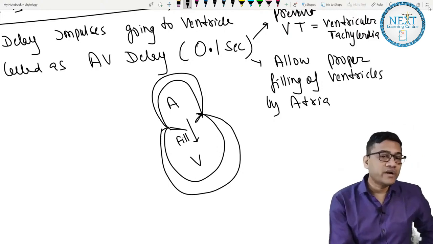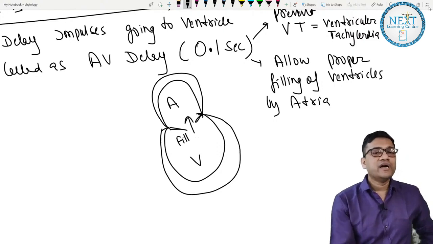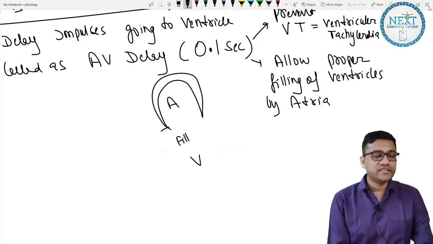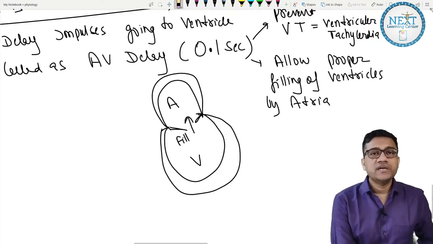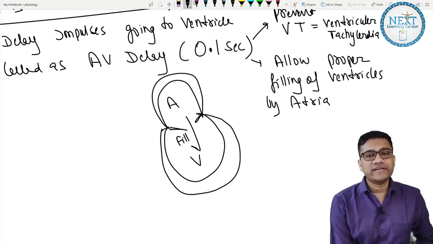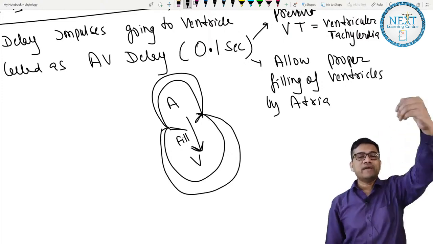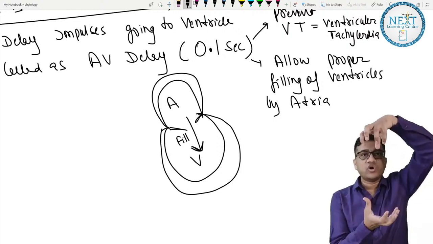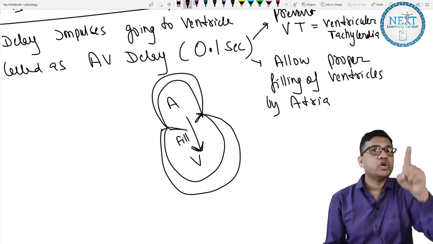They will push the blood back to the atria, which is regurgitation, a pathological condition. You want only one directional flow: blood should go from atria to ventricle, not from ventricle to atria.